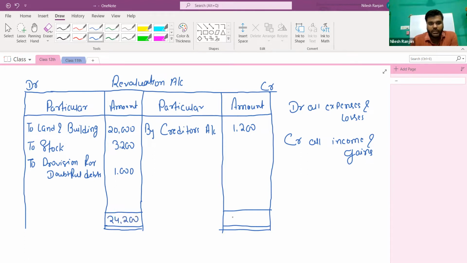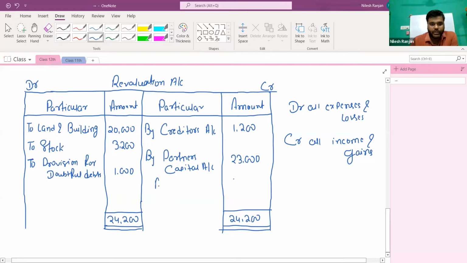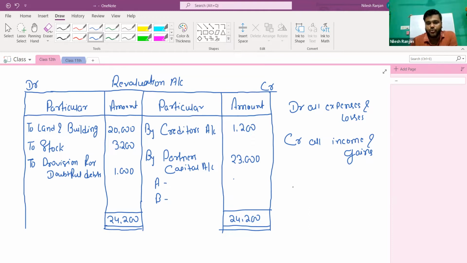So total will be now 24,200 and 24,200. We have to distribute the profit between partners by partners capital account, and it will be 23,000. We have to distribute it between A and B, in their old ratio, that is 3:2.